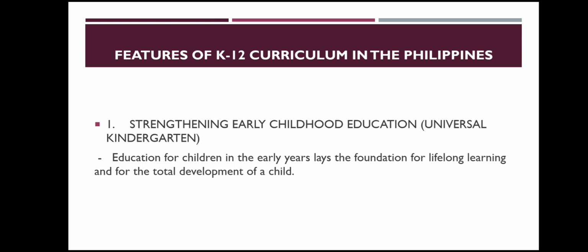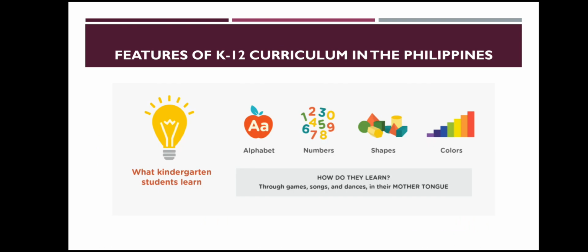So when we say strengthening early childhood education, this talks about the education for children in the early years as part of the foundation for lifelong learning and total development of a child. So it's very important that as early as possible, we're able to teach the child the lifelong learnings.